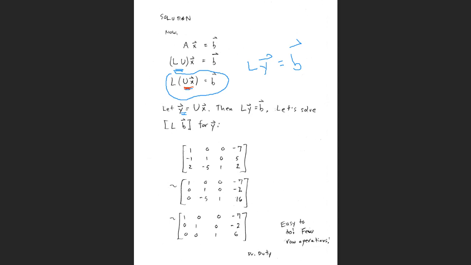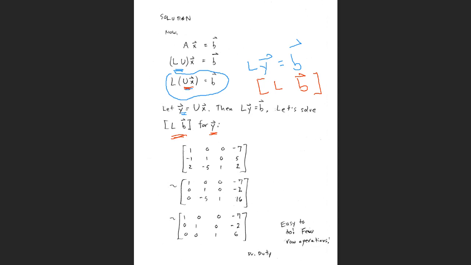That matrix equation would be represented as this augmented matrix. And we're going to solve this augmented matrix for this vector y. Now the vector y is not the vector we're interested in, it's the vector x. We want to solve for the vector x. But we're going to solve for y first.